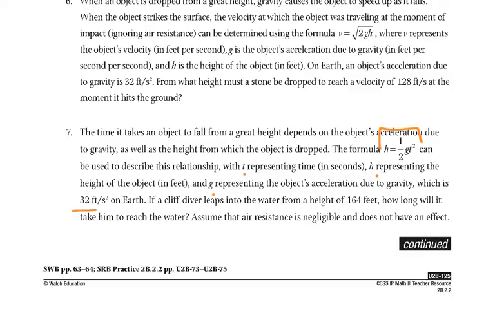The cliff diver leaps from a height of 164 feet. How long will it take him to reach the water? So we're looking for time. So g is 32, t squared. So 32 times 1/2 is 16 times t squared equals 164.